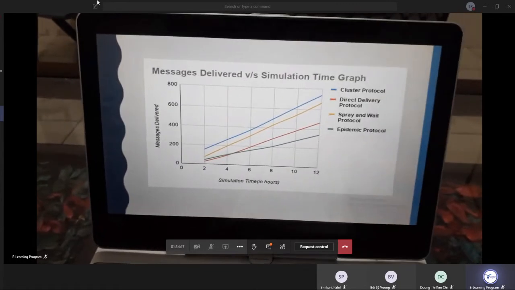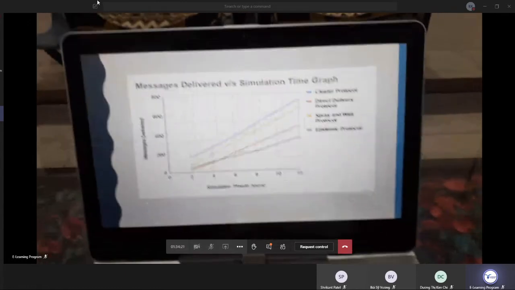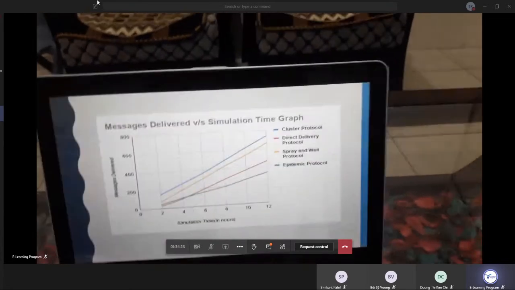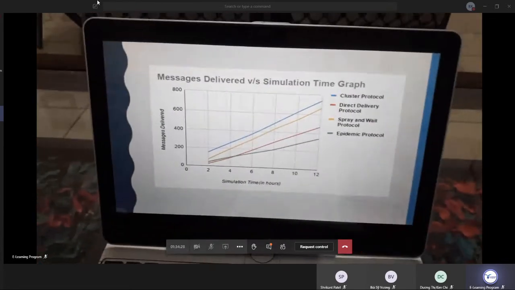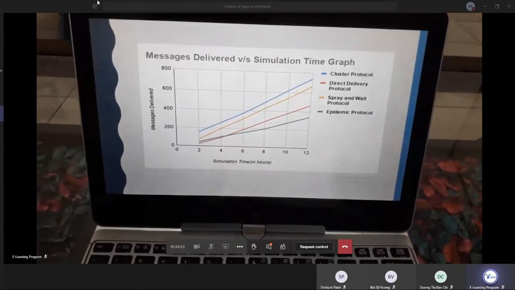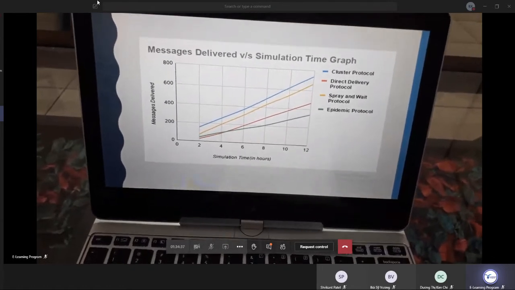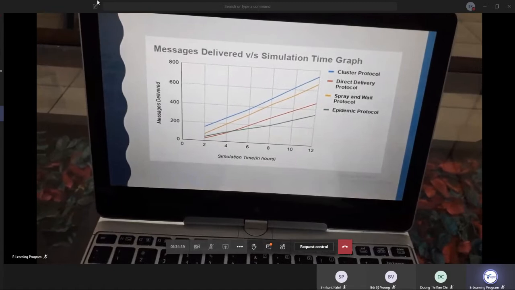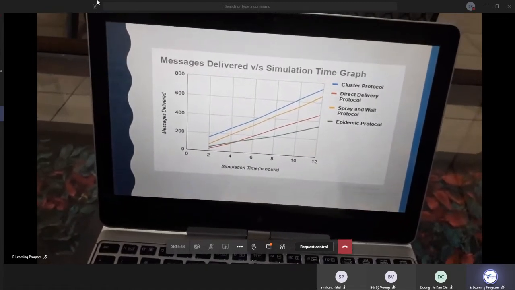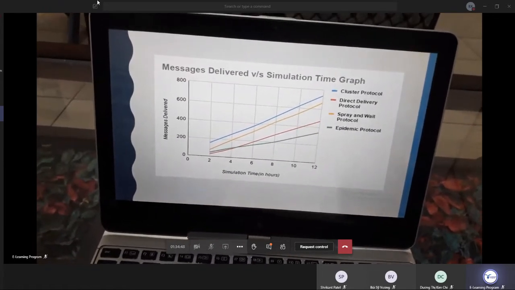This is the graph between messages delivered and simulation time. Here the message delivered packets are produced by the tool at different simulation times. Cluster protocol gives the maximum messages delivered, and epidemic protocol gives the minimum messages delivered.